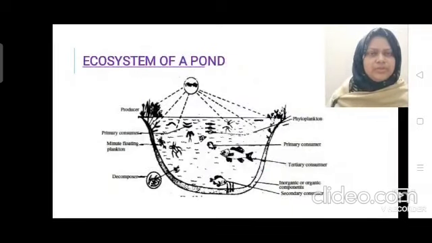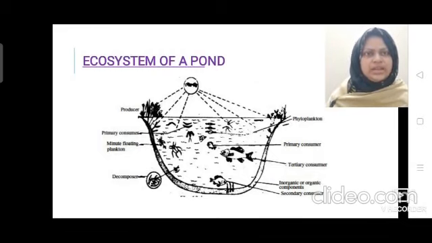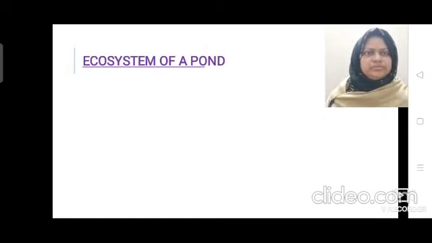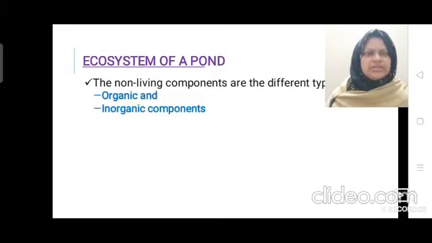Ecosystem of a pond. In the diagram, we see different types of components of a pond ecosystem. Here the components are big fish, small fish, different types of microorganisms, aquatic plants, decomposers, sunlight, water, etc. The non-living components are the different types of organic and inorganic components.